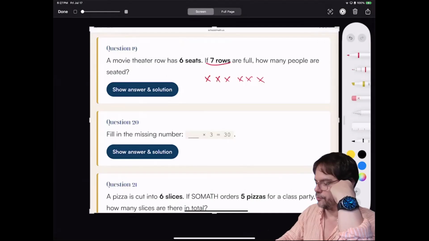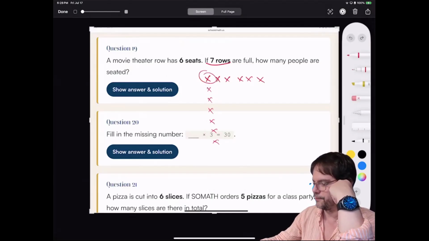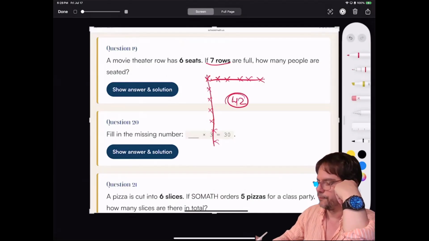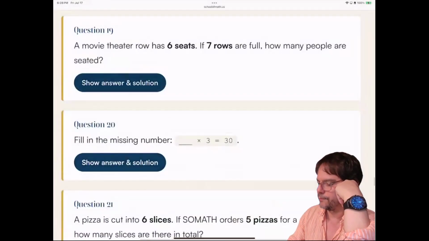So 7 rows. 1, 2, 3, 4, 5, 6, 7. Is that okay? So it's like you said, 6 times 7, 42. Do you agree?